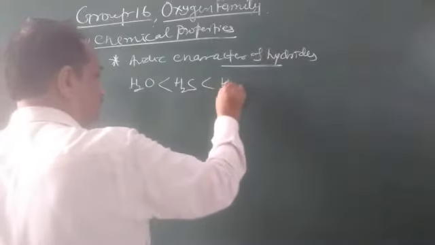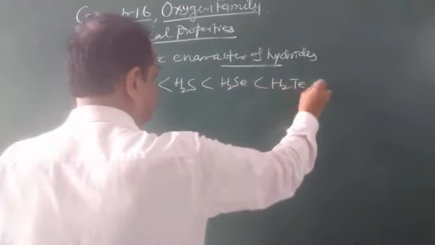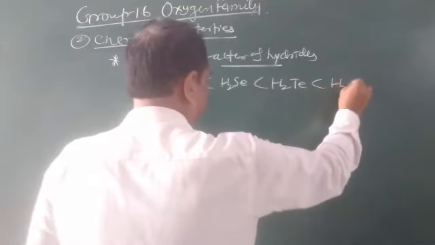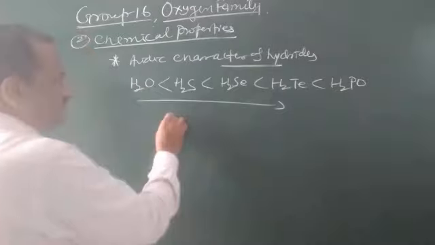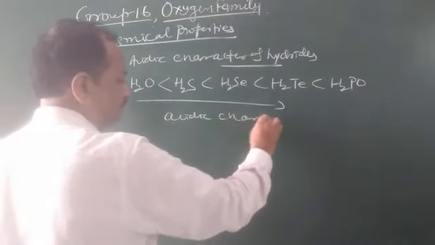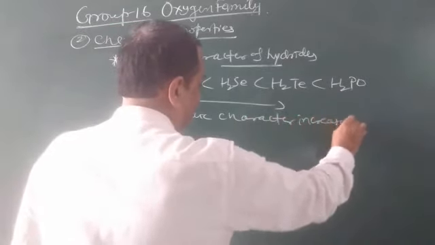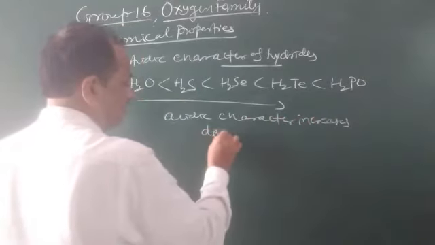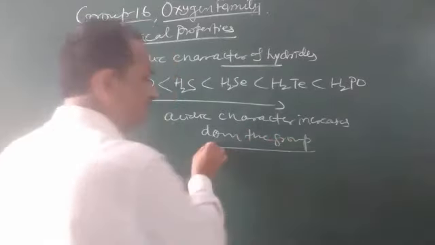Then H2Se, H2Te, and then H2Po. So the acidic character increases down the group.